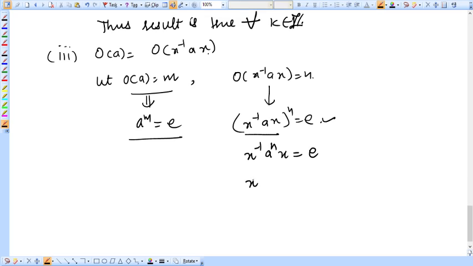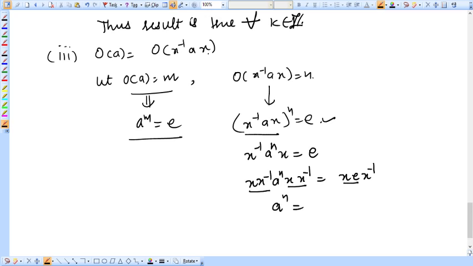What did we do here? First we multiplied with x, and lastly with x inverse. And here also, first you multiply with x, then lastly with x inverse. It is called pre-multiplication and post-multiplication. Because not all groups are abelian, we will have to follow this procedure, right? So this is equal to identity and this is also equal to identity. Identity into anything is the same again, so it is a inverse.